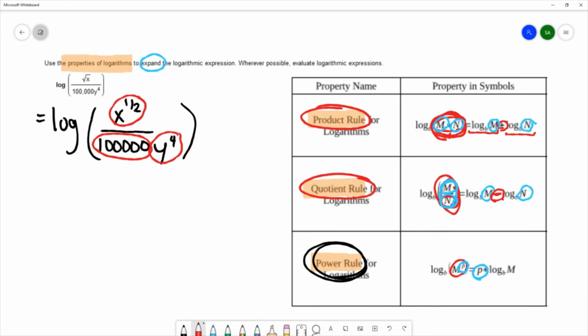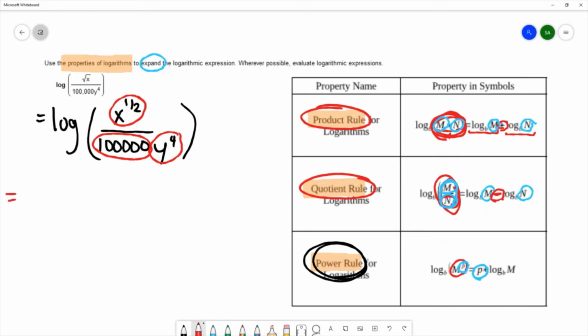So those are all my places that I have multiplication and division. And because I have 3 different factors here, I'm going to expand to 3 different logarithms. Each one will have a different one of these factors.